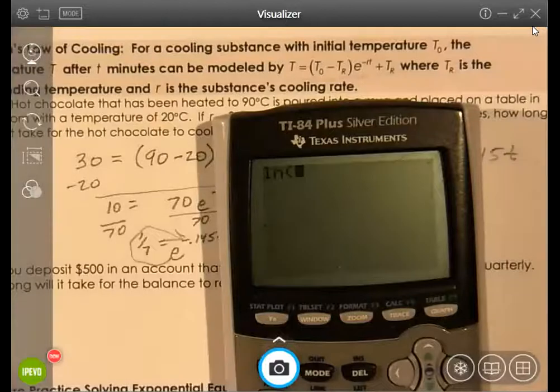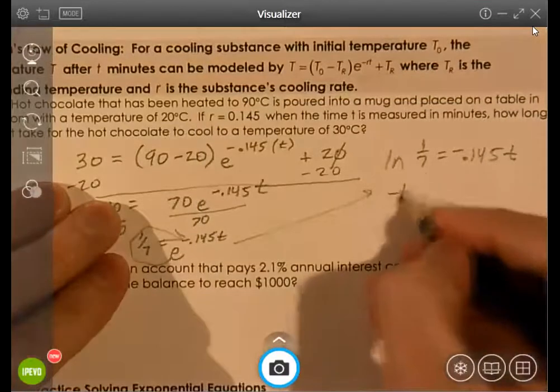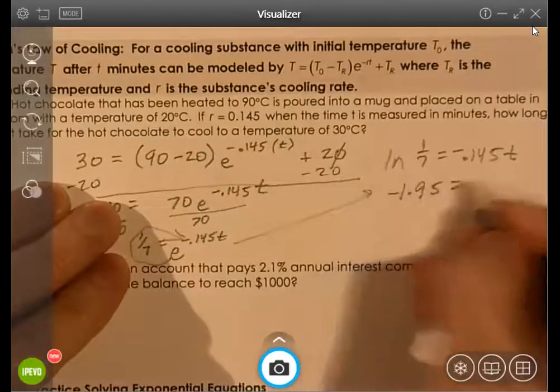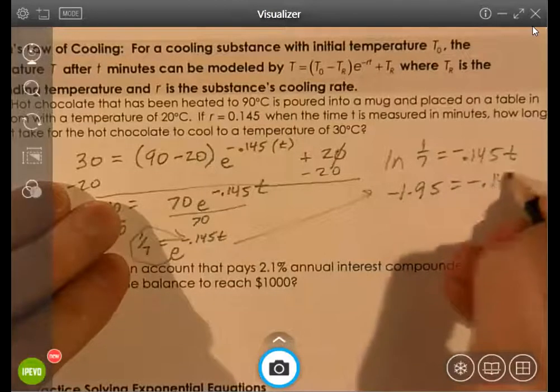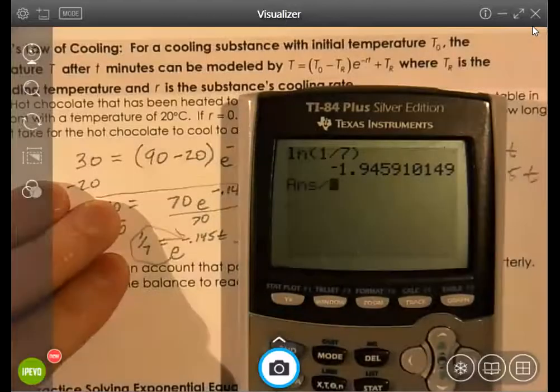The natural log of 1 divided by 7, that's negative 1.9495. That's convenient with our other negative. So we're going to divide by a negative 0.145.